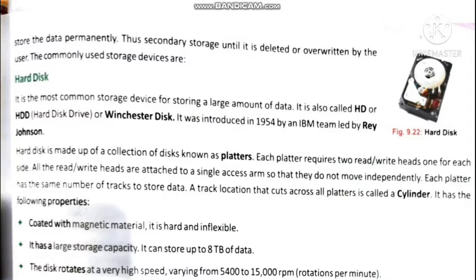When the data is read from those disks, the disk starts rotating. The speed with which the processor reads the data depends on the rotation, on the speed with which the disk is rotating when the processor is trying to read the data from it. The speed of the disk varies from 5400 to 15,000 rotations per minute. It varies, meaning some can have 5400, then 5600, then 6000, up to 15,000 rotations per minute.